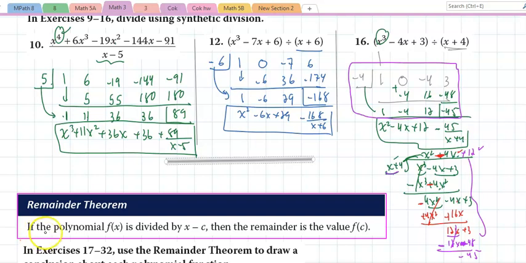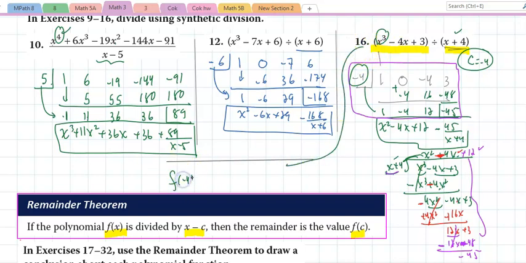This is what it says. Here's a polynomial. If a polynomial is divided by x minus c, then the remainder is f of c. X plus 4, what does that make c? That makes c equal -4. Always the opposite of this, right there. What is f of -4? F of -4 is, again, this is f of x.